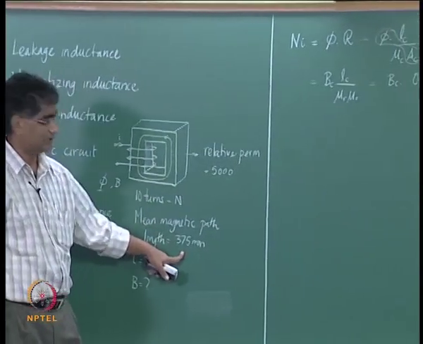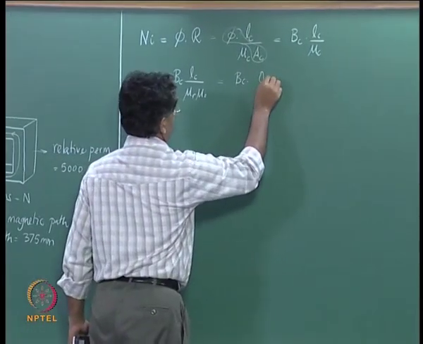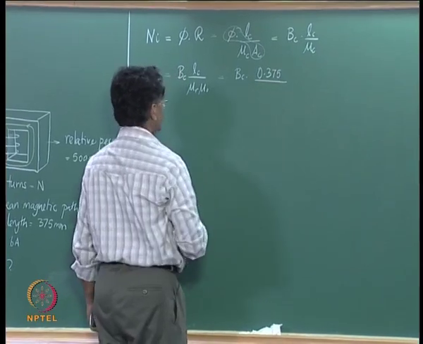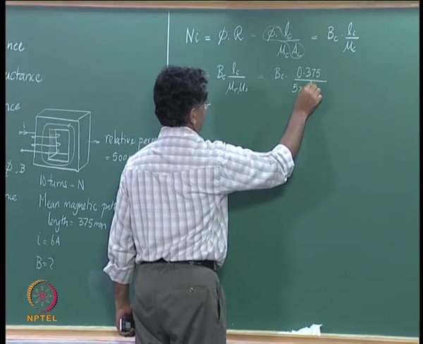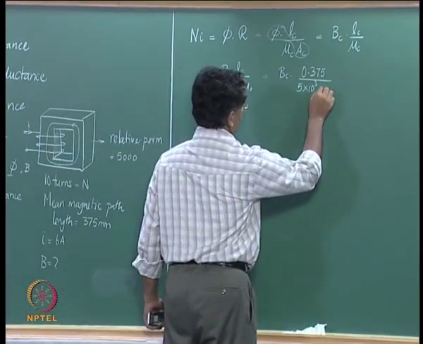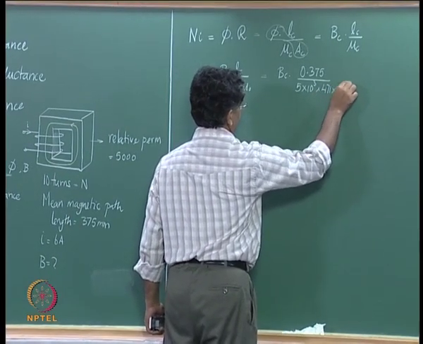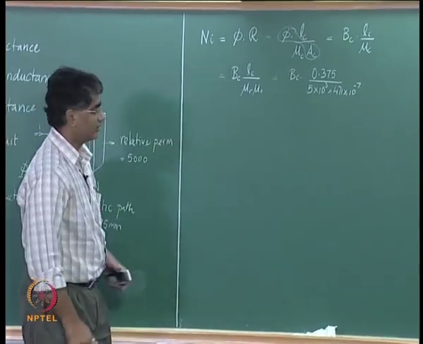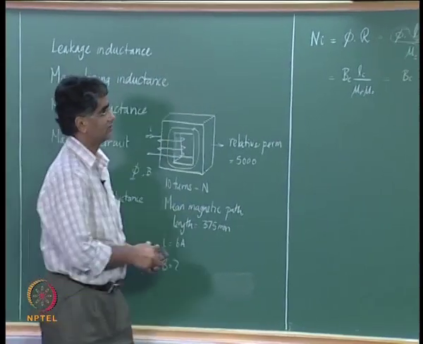Converting to SI units, that is 0.375 meters, divided by mu R, which is 5000, so 5 into 10 to the power 3, and mu naught is 4 pi into 10 to the power of minus 7, that is equal to N into I. NI is 10 multiplied by 6, so that is 60.